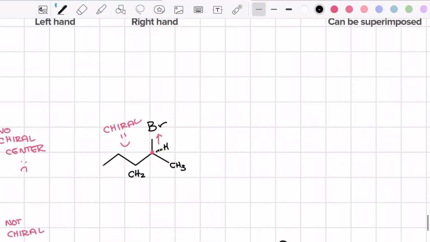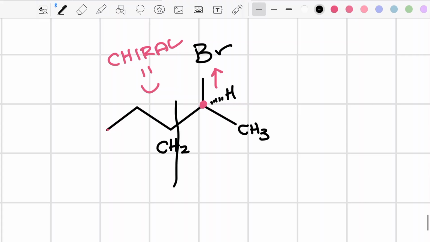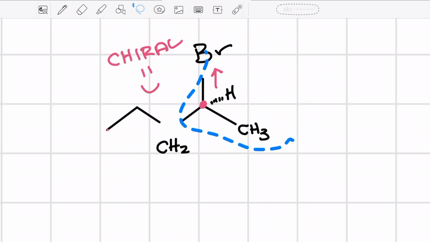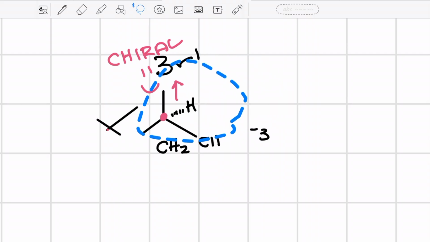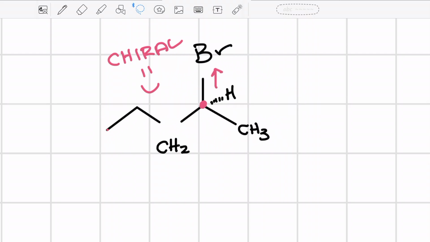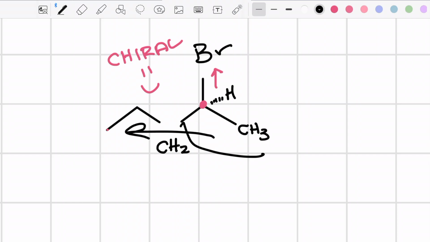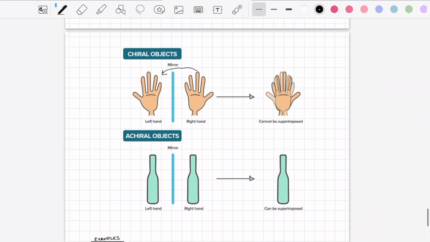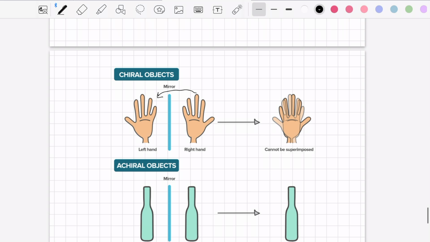If you were to split this and flip this over, it would not work how I wanted, but if you were to move this guy over this way and flip it like a pancake, it would be non-superimposable. You would not be able to put it over itself. So that is why it is a chiral center.